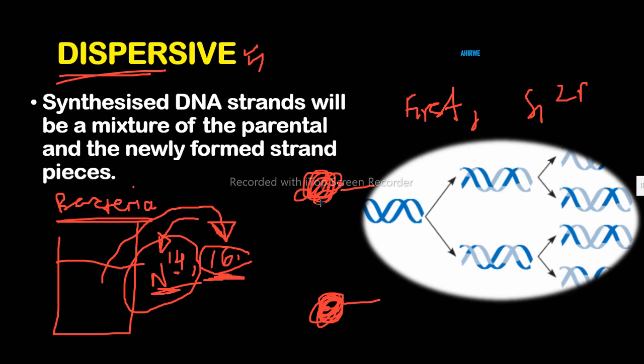And this one will support the conservative hypothesis that the new DNA, which is heavy, which is formed from organic bases made up of isotope 16, will be the one settling at the bottom. And then the other one, which was light, the old one formed from 14, will be the one to settle on top.